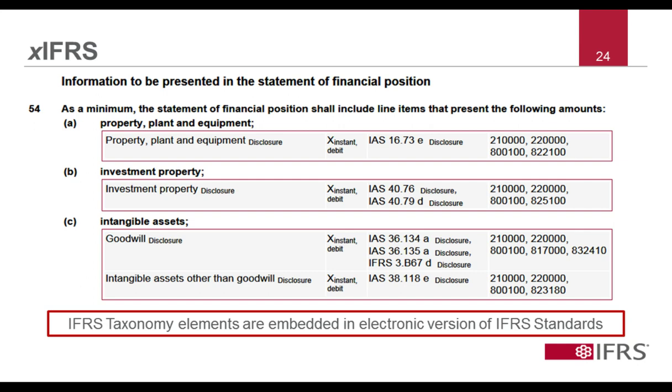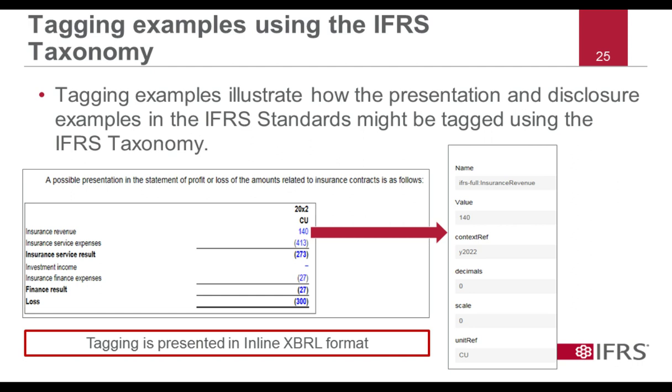The next source of useful information, we believe, on our IFRS website is the tagging examples using the IFRS taxonomy. The IFRS Foundation is trying to demonstrate the use of elements in the IFRS taxonomy by tagging illustrative examples that accompany IFRS standards. The examples are provided in two formats.